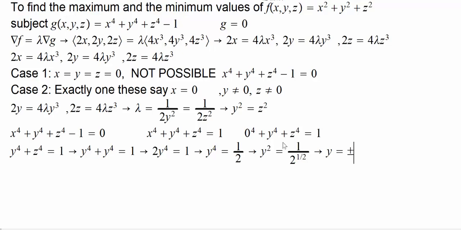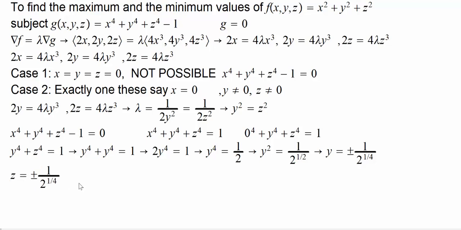Are we clear? So this is this, and along the same lines, if I let this become z to the 4 plus z to the 4 equals 1, what shall we have? We shall have, as a consequence, simply z equals plus or minus 1 over 2 to the 1/4, right?